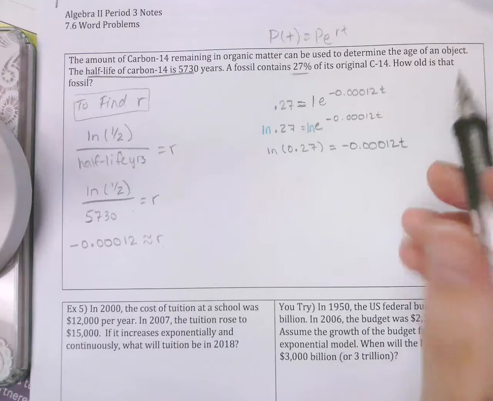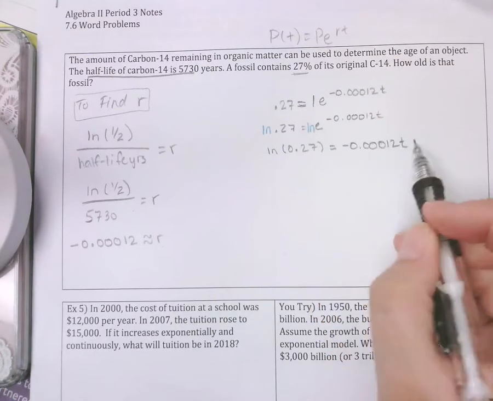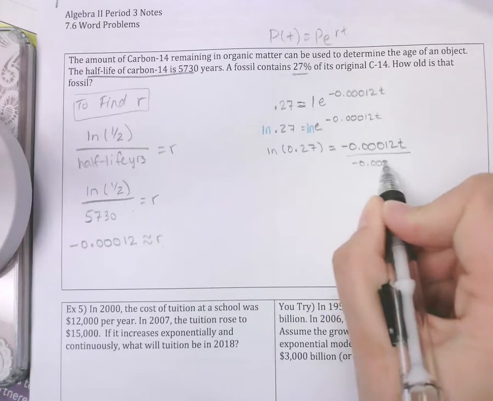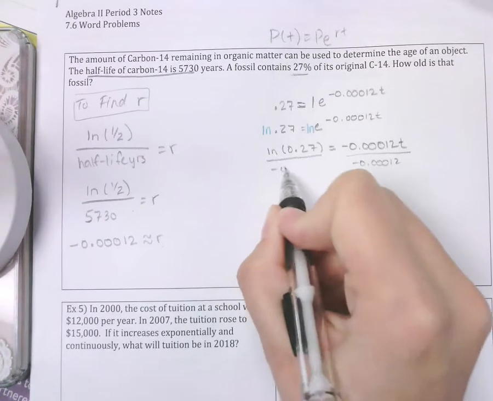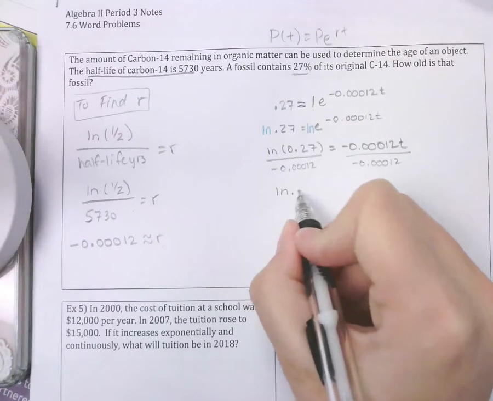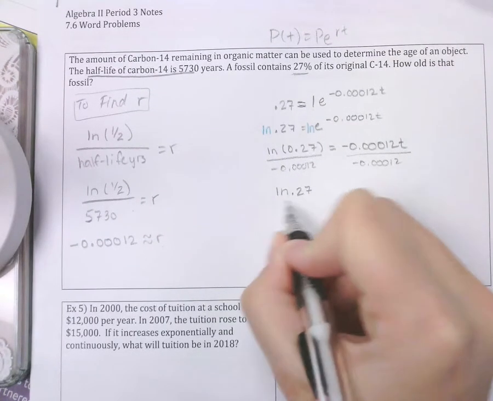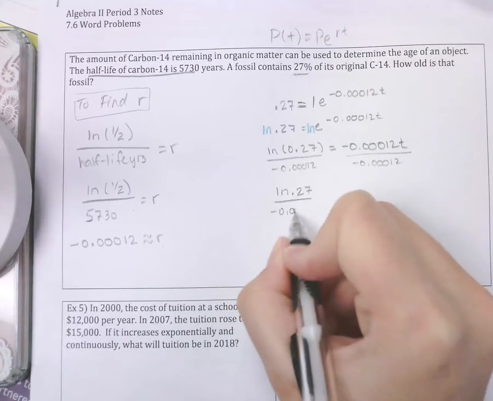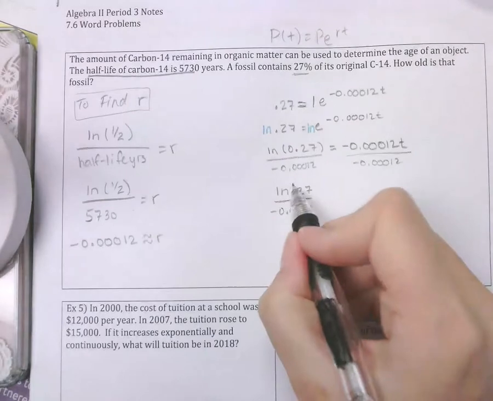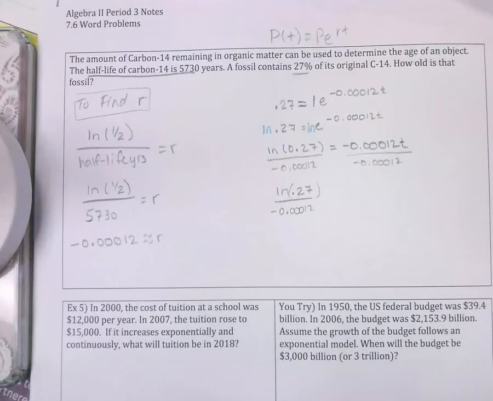And then I'm still trying to solve for t, so I'm going to divide by that decimal. And that gives me some number. Let's see what it is.